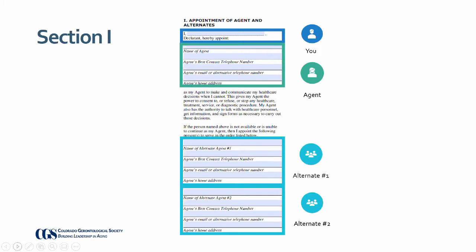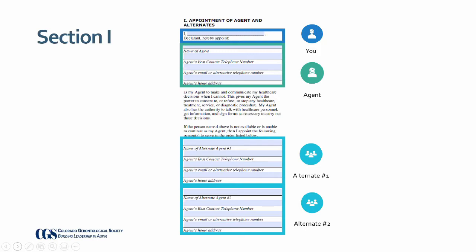Now, understand that not everybody has multiple people in their life. Some individuals have one person, some individuals have many. So know that it's not a requirement to have alternates, but you at least need an agent in order to be able to complete this form, because this form is to appoint someone that is going to speak on your behalf when you're not able to communicate and you need medical care.